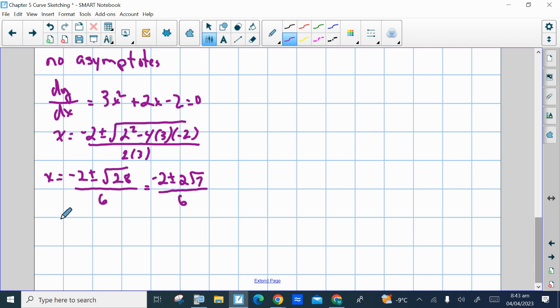And now all three terms are divisible by 2. We'll get negative 1 plus or minus root 7 over 3, which are the exact values of our critical numbers, but we need to know what they are as a decimal so that we can set up our intervals on the number line. So if you plug those into the calculator, you will get approximately negative 1.2 and 0.5.